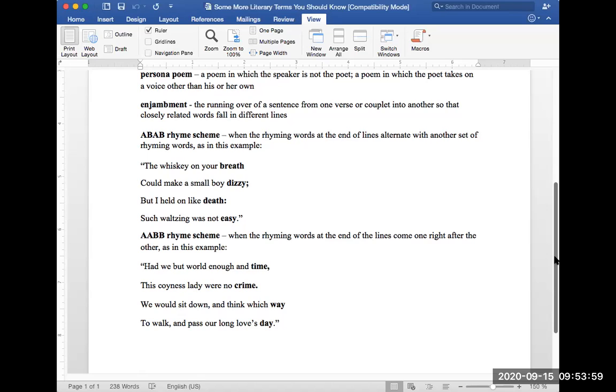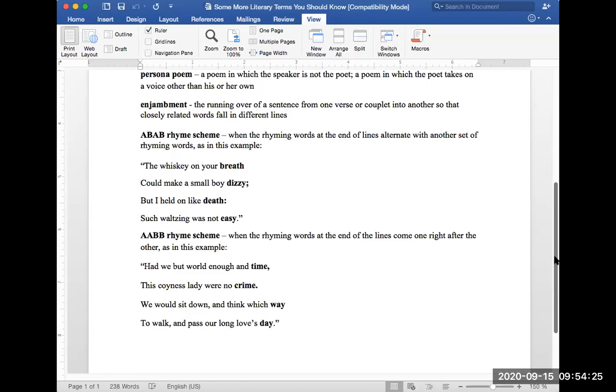That's the rhyme scheme in My Papa's Waltz, alternating lines rhyme. And in a couple of weeks, we'll read a poem with an AABB rhyme scheme. And you can see, had we but whirled enough in time, this coyness lady were no crime. So in an AABB rhyme scheme, the lines next to each other rhyme.